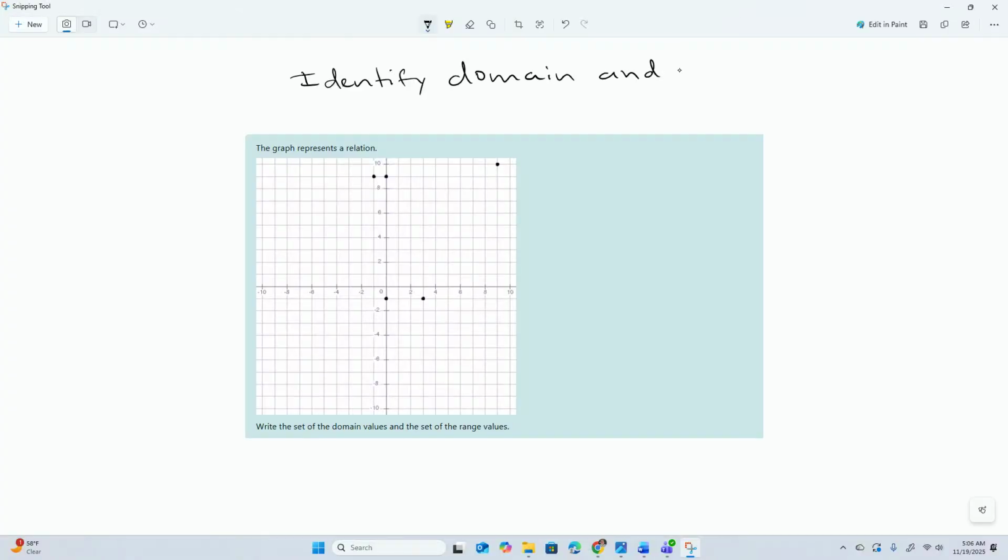And remember, the word relation, this word here that I'm writing right now, means a matching, a pair, you're pairing. And that's what this graph is doing.